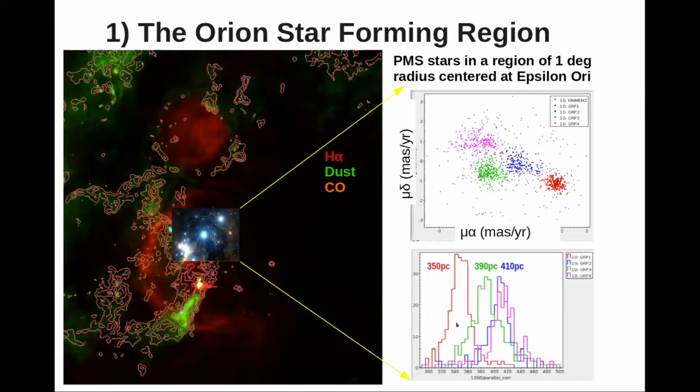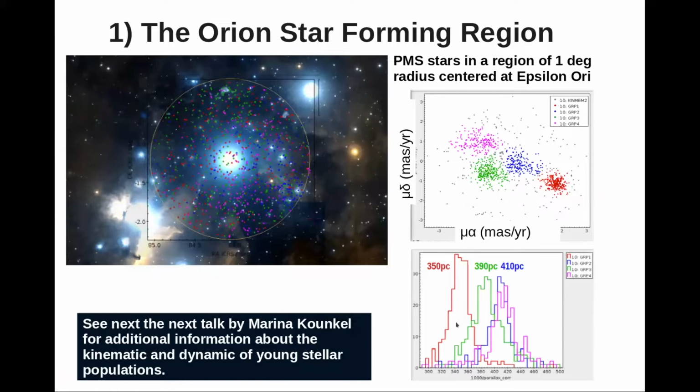What about the spatial distribution? If we look at the spatial distribution, the 4 groups are everywhere in the region. So there is no special location on the sky for each star cluster. See the next talk by Marina Kounkel for additional information about the kinematics and dynamics of the young stellar population.